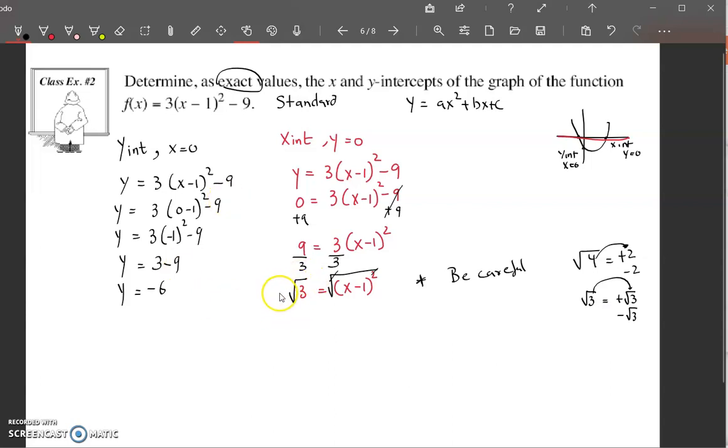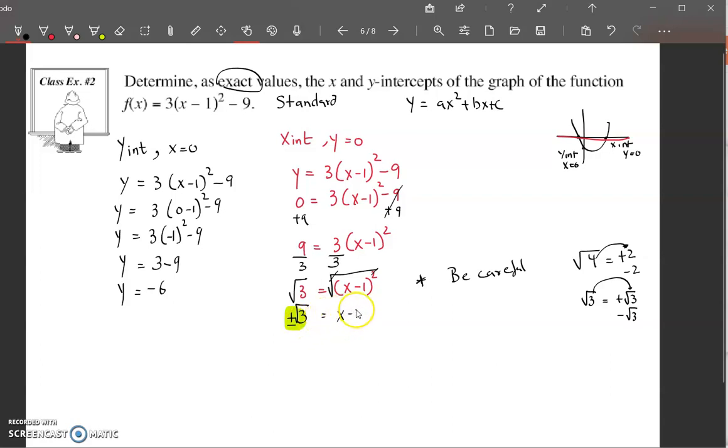So when you do this step, you're going to say that the square root of 3 is plus and minus square root 3. That is a very, very important thing that you need to take a look at.